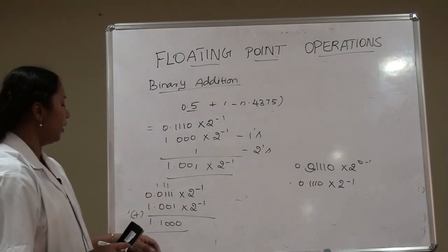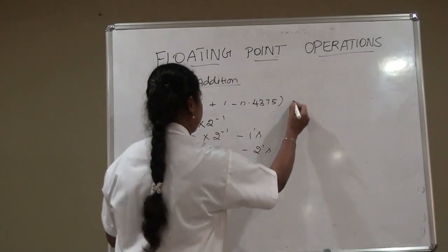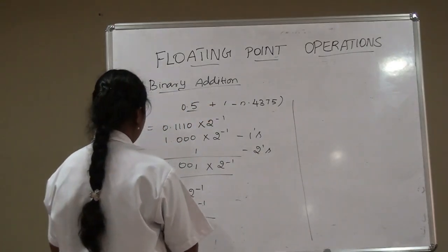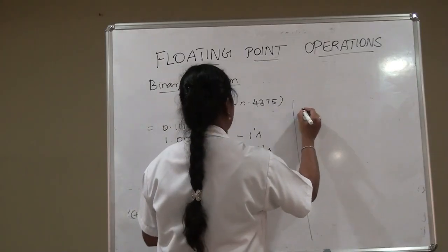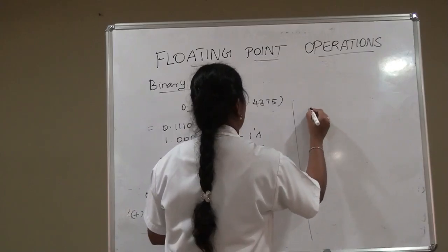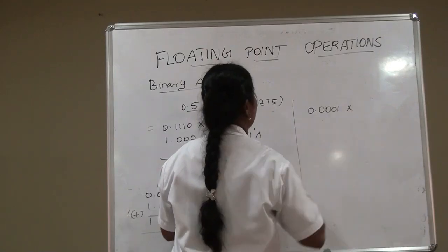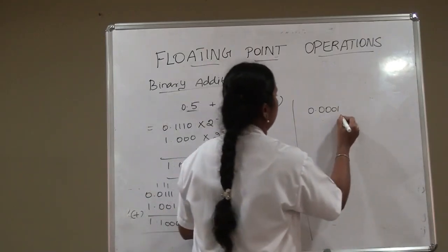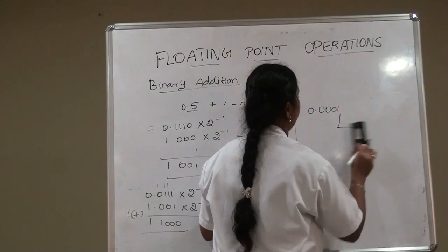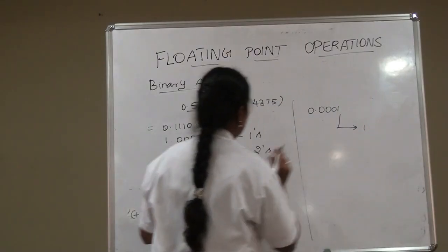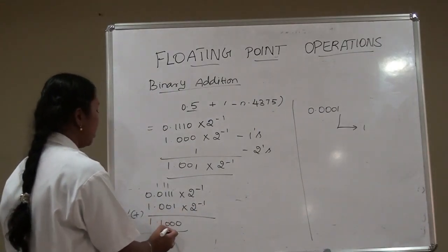So in order to convert it into decimal form, I have to convert this binary number with respect to the decimal number. The binary representation can be written as 0.0001 into, I am going to multiply this number 1 into, so still one more step, 0.100. Still I have to perform the normalization.